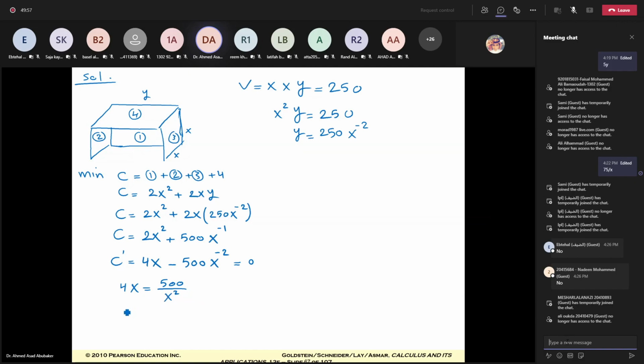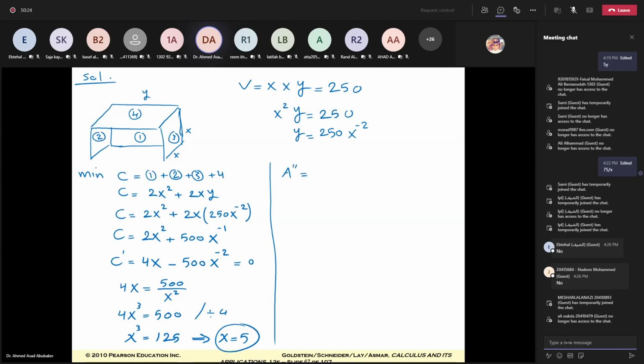By cross product, we have 4x to the power 3 equals 500. By dividing by 4, x to the power 3 equals 125, and then x equals 5. So we have only one critical point.